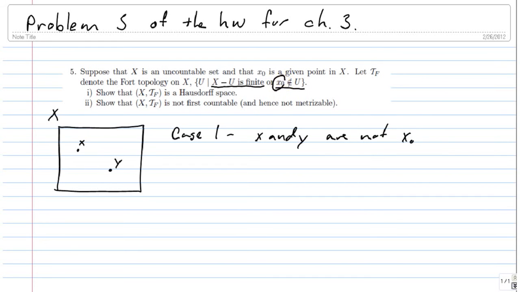That's this x naught. And if we choose 2 points, then one of them could be x naught and one of them could not be x naught, or neither of them could be x naught because it's an uncountable space, so there's lots of points. So I would suggest doing this in 2 cases. First, where neither of them are x naught.